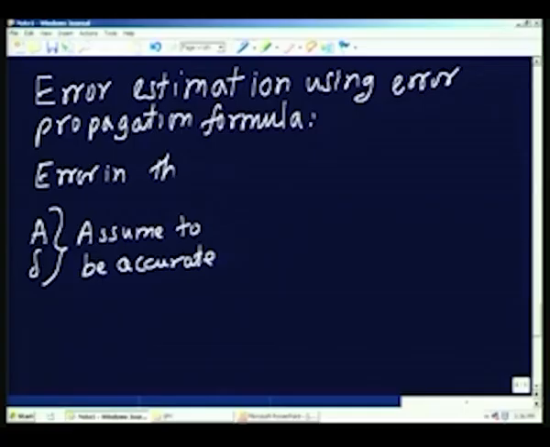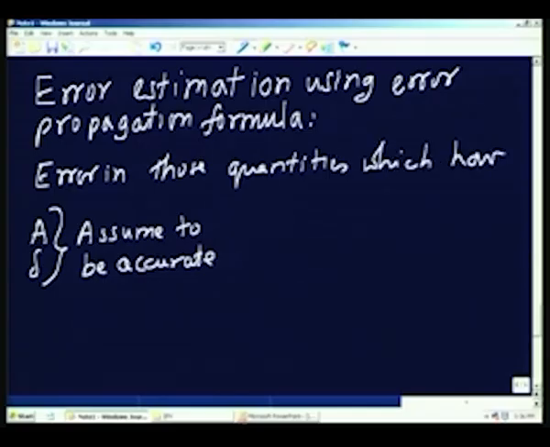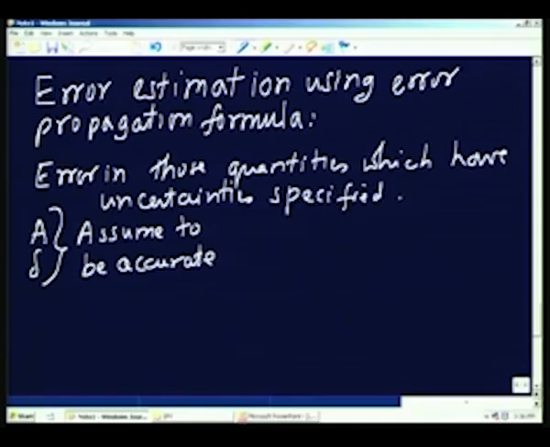Error in those quantities which have uncertainty specified in the problem. So, we can do that one by one. For example, if you take theta, it is the difference between Tp and Tj.